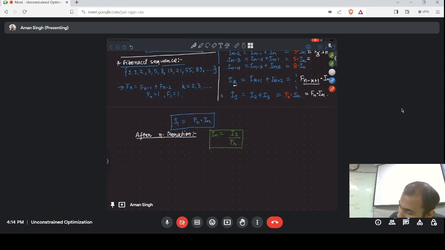So let's say I have n equal to 10, then this will be the reduction.